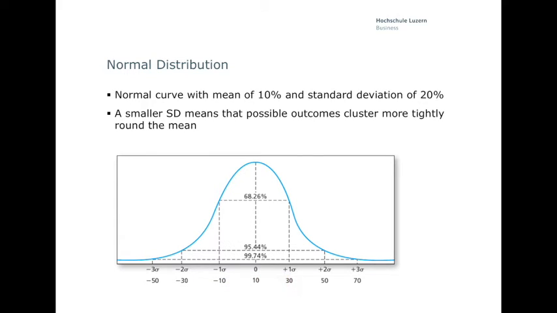The same logic applies for plus minus 2 standard deviations, covering 95.44% of all observed values, and plus minus 3 standard deviations are covering 99.74% of all observed returns.